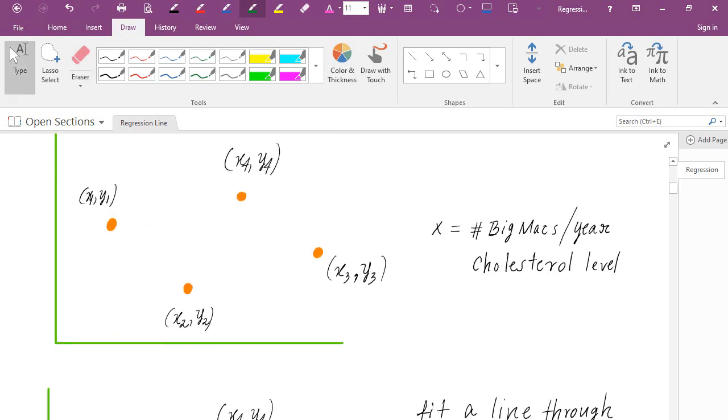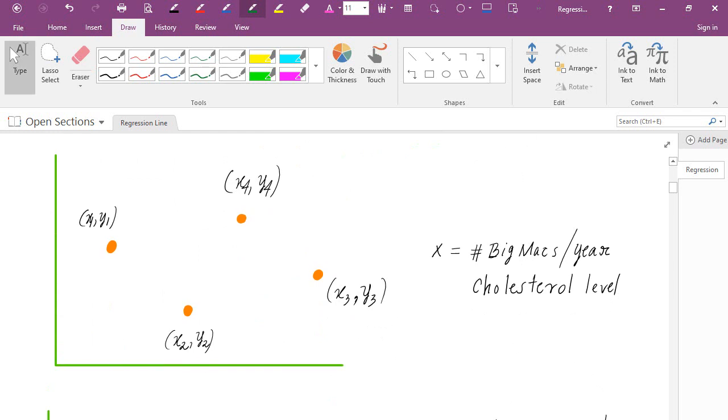Okay, so let's say that I have a scatter plot with 4 points, and I'm picking only 4 points for simplicity so that I don't have to draw too many points.